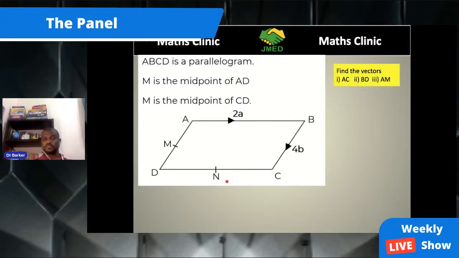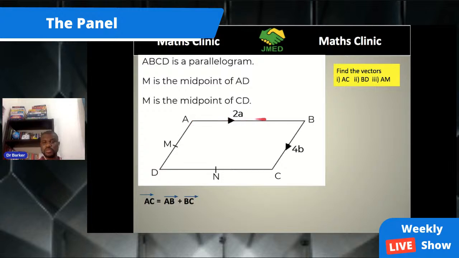So let's look at what you're asked to find: AC, BD, and AM. What's AC? Can anybody tell me what AC is? No, I mean in vector form. It wouldn't be the hypotenuse because we don't know if this is a right angle, right?